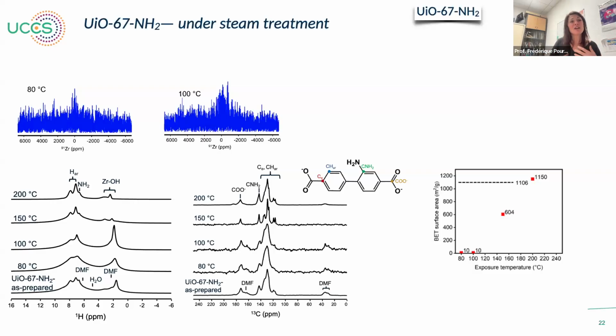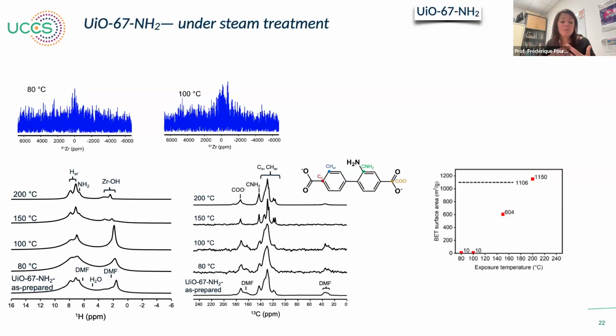You also have a lot of water on the proton NMR. And if you observe the BET on the right of the slide, the BET is really low, and that could be a reason of the low signal to noise ratio at 80 and 100 degrees C.